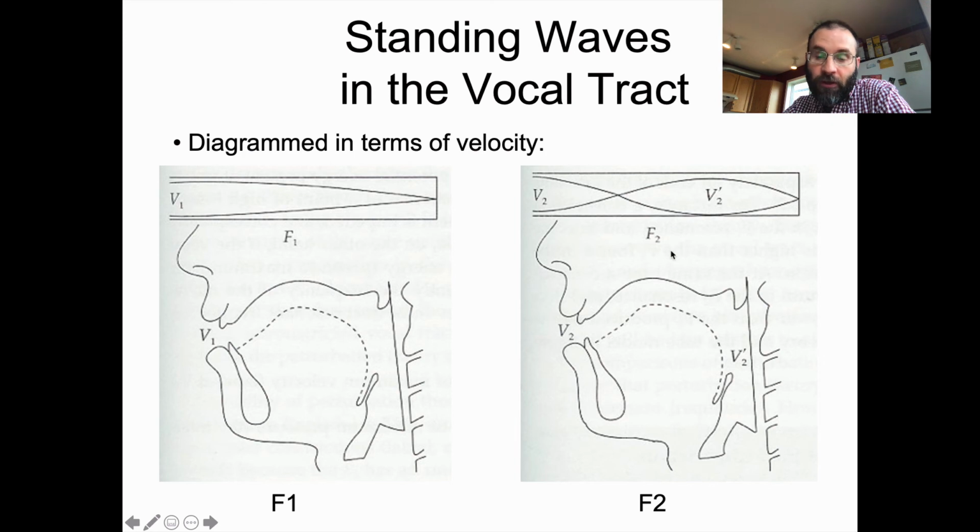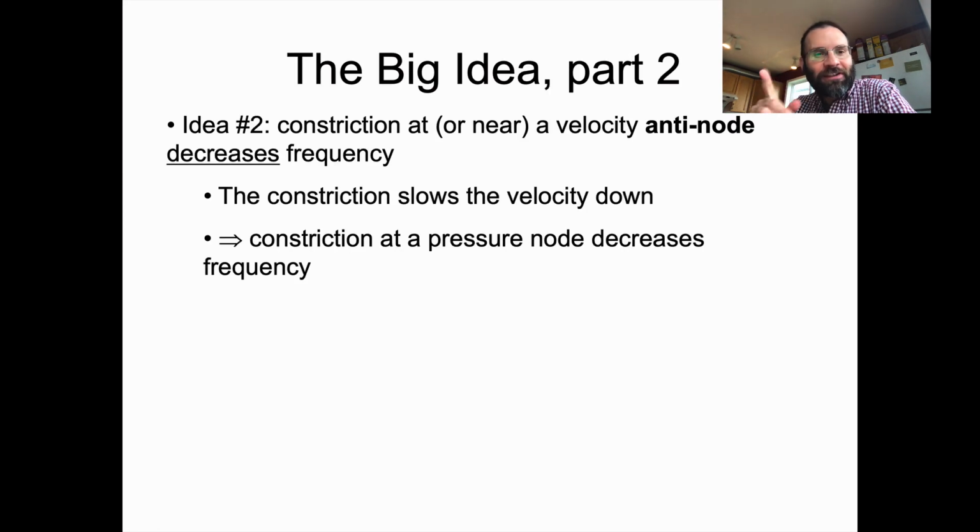For F2, you can see the lineup a little bit easier because there's two of them. Here's our antinode at the lips for velocity, and here's our antinode somewhere in the pharynx, in the middle of this big loop at the back of the standing wave. Then we'll see nodes for velocity in the palatal region and also at the glottal region for F2. Okay, so that's our first leap of logic we have to make.